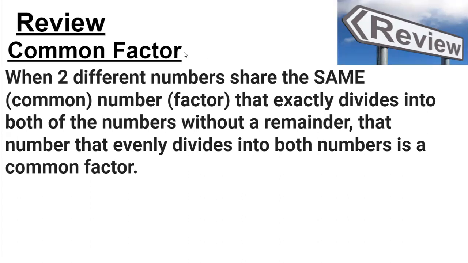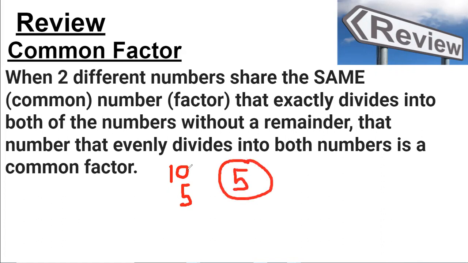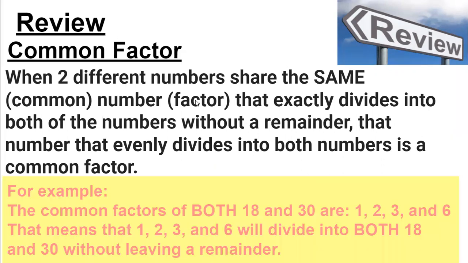So for example, if I said 10 and 5, a common factor of 10 and 5 would be 5. Because 5 will divide into 10 evenly, and 5 will divide into itself evenly. That is what a common factor is. Hopefully that's review for you.